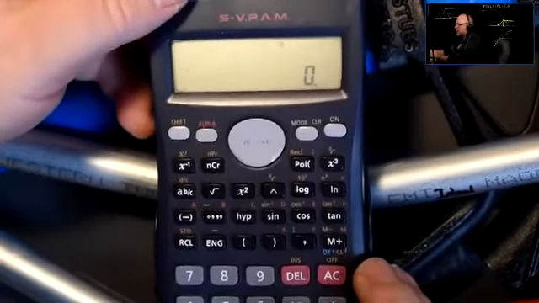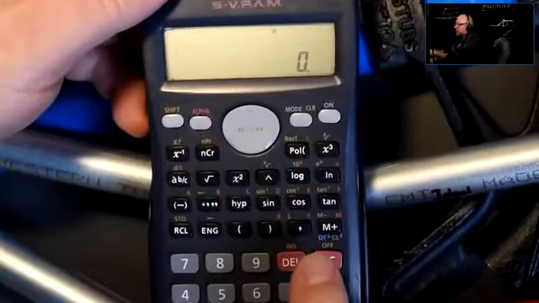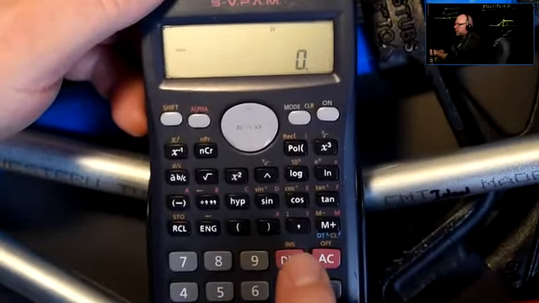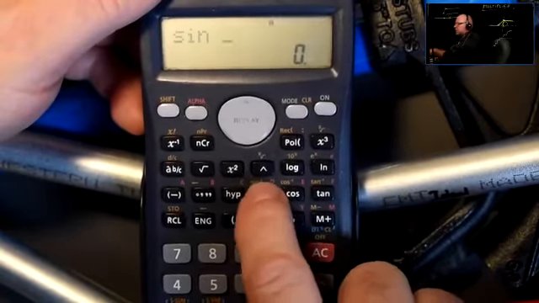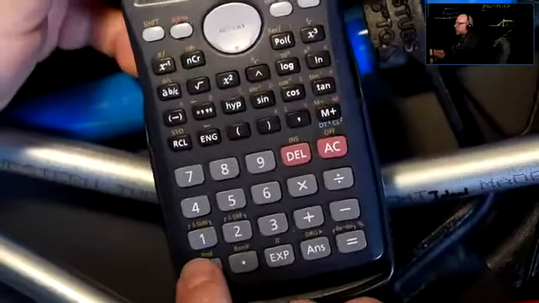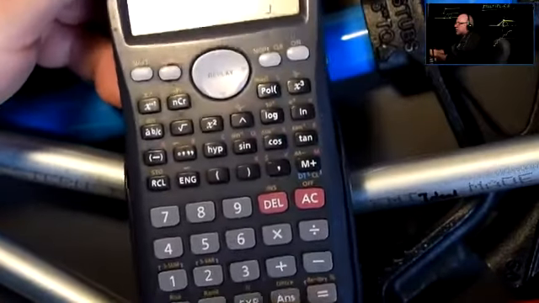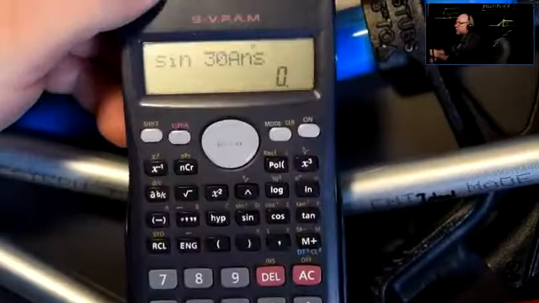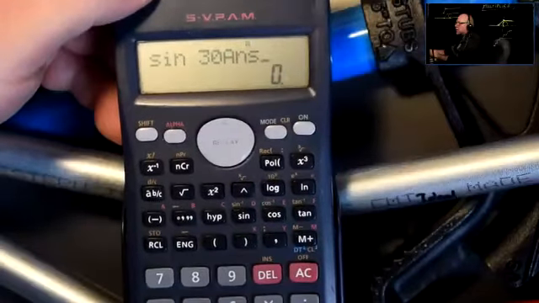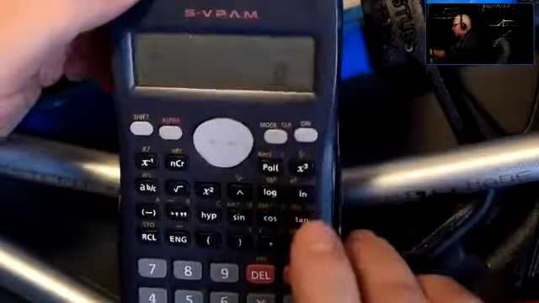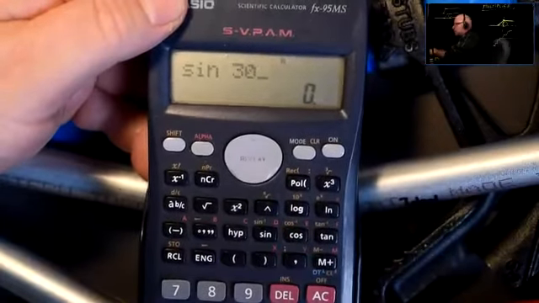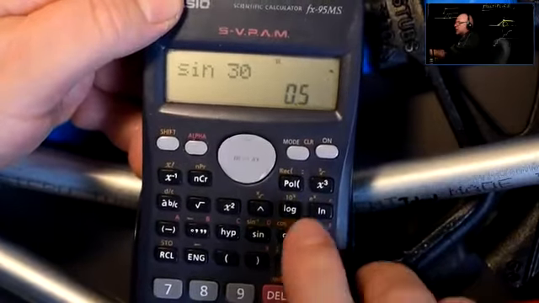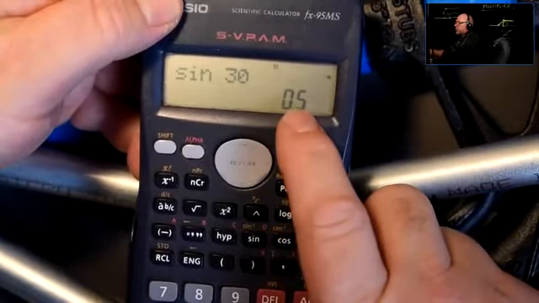So let's say, okay, my calculator works this way here. If I want to find out the sine of 30 degrees, I just press the sine, and I go 30. Your calculator might work different. Sine 30, and I press equal. And that gives me 0.5.